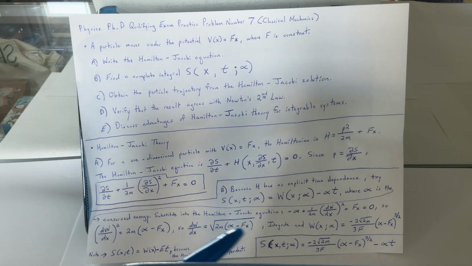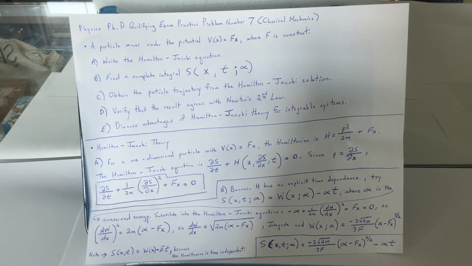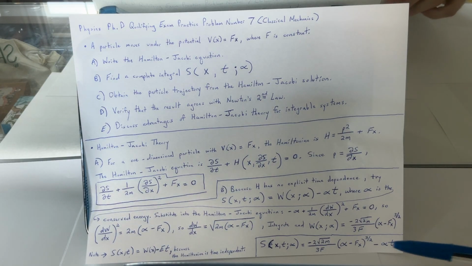Now we integrate that, and W(x; α) = −(2√(2m)/3F)(α − Fx)^(3/2). So S(x, t; α) = −(2√(2m)/3F)(α − Fx)^(3/2) − αt.